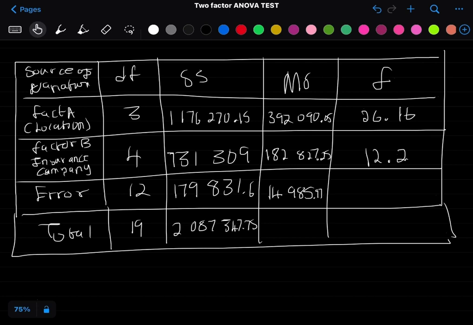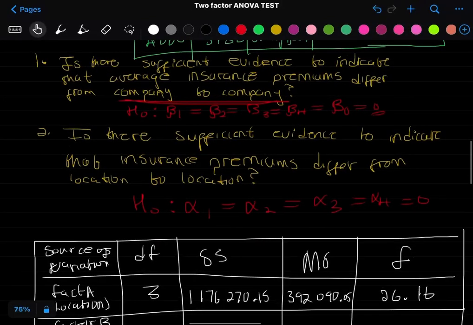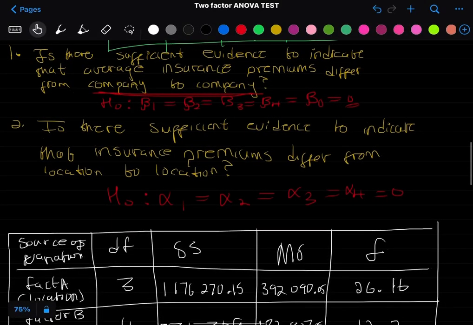Now to go back to our questions, we see that in this case, we were actually asked to check if the insurance premiums differ from company to company.